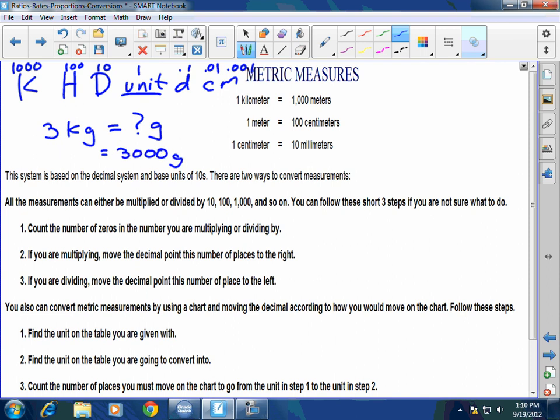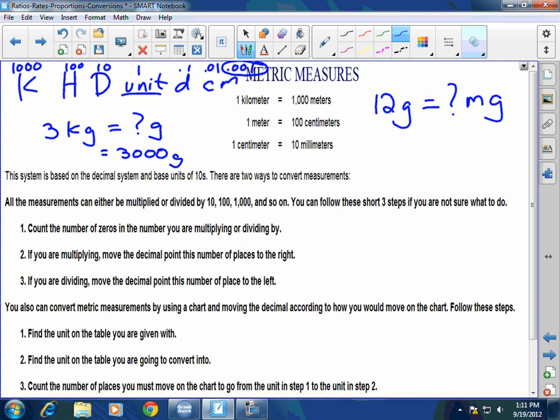If I had, for example, 12 grams and I want to know how many milligrams that would be, am I going small to large or large to small? I'm going large to small. So I'm going to multiply, right? Okay, now I got 1, 2, 3. There's 0.001.